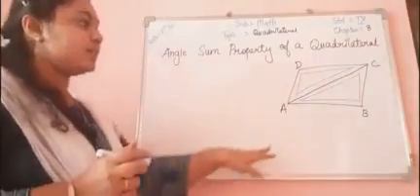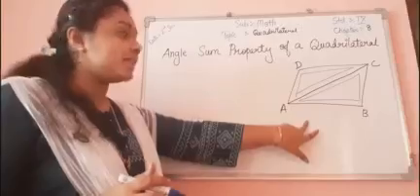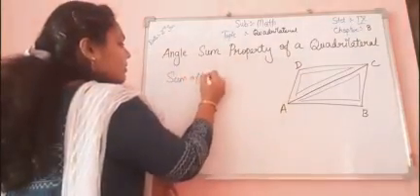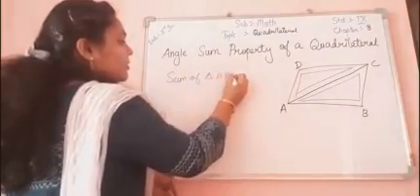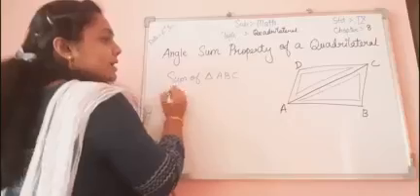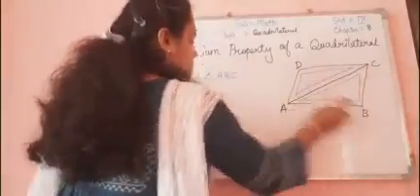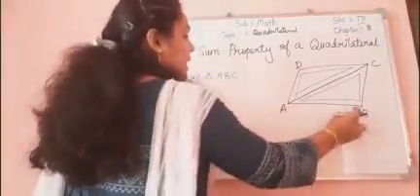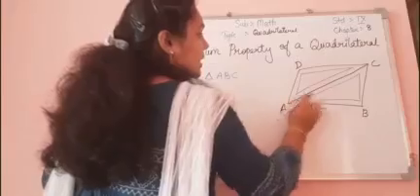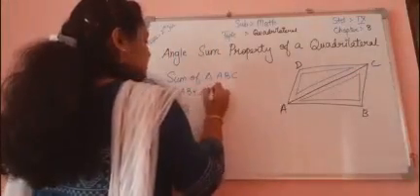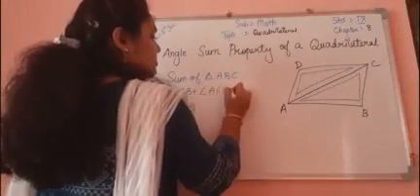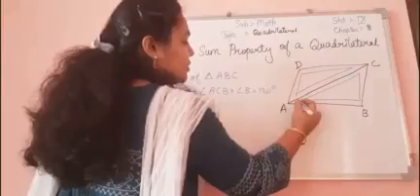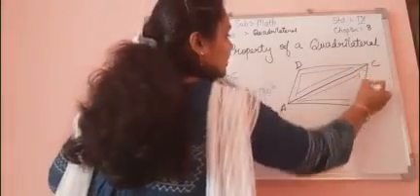Now we are taking the sum of triangle ABC. It is angle CAB plus angle ACB plus angle B is equal to 180 degrees. We have already marked this one and this one.